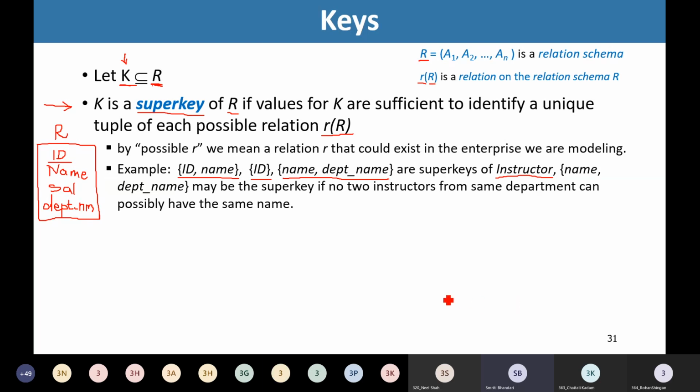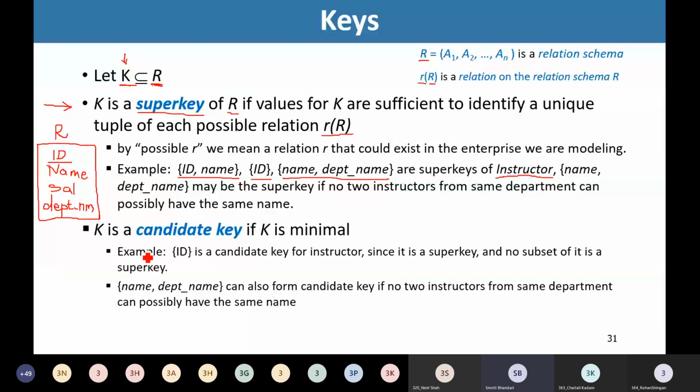Yes. Fine. Now, let us proceed to the concept of candidate key. So, what is a candidate key? A subset of attributes K is a candidate key if K is minimal. What do we mean by that? Suppose, once again, we are referring to the instructor relation.